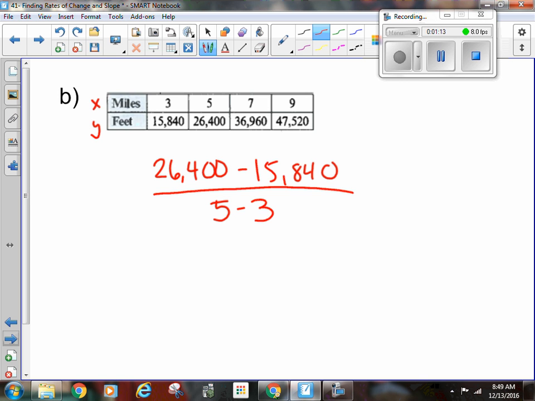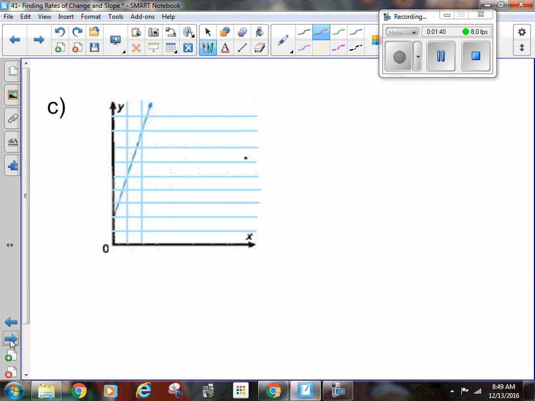So 26,400 minus 15,840 gives 10,560 over 2. I'm going to simplify that by dividing by 2, and I get 5,280. That would be feet per 1 mile. That's my rate of change, just the same thing as slope.